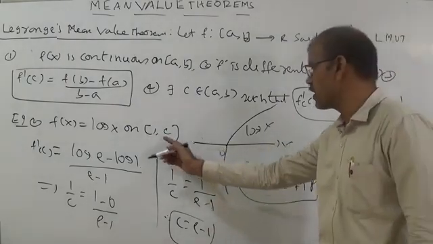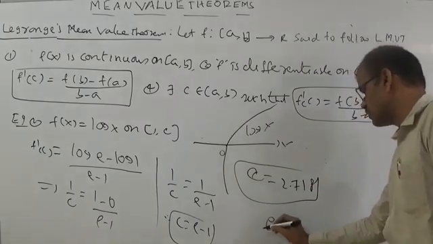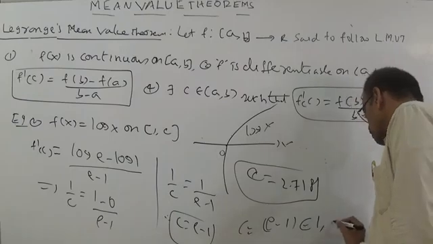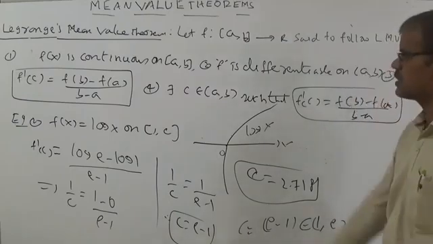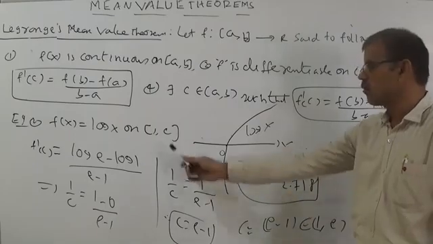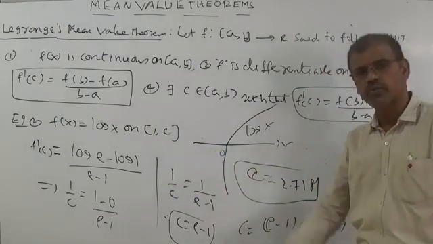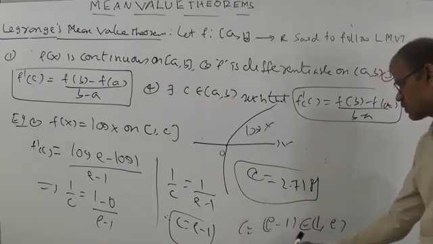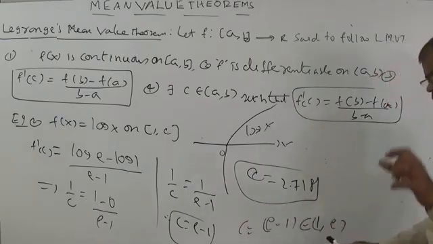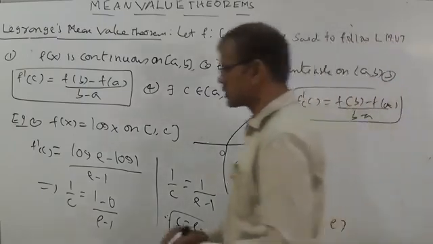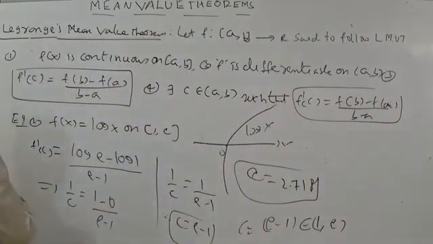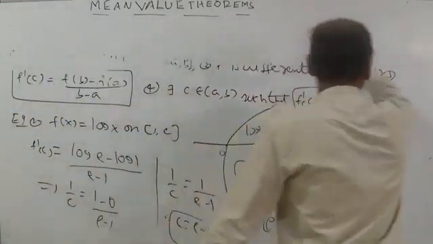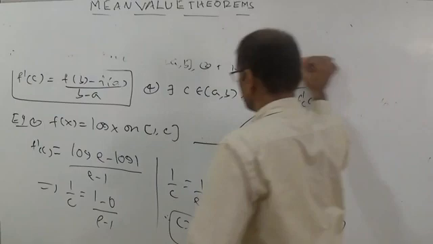Here the value e minus 1, that is c, belongs to the open interval (1, e), because here [1, e] is given: 1 is there, and e means 2.718 is there. e minus 1, 1.718, lies between 1 and e. So here you can say that the function f of x equal to log x satisfies, or holds, Lagrange's mean value theorem.